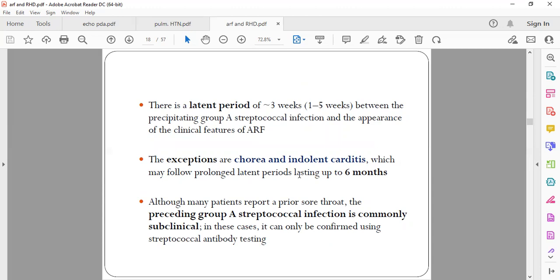So it is a late manifestation, seen up to 6 months. As we already said, the basic manifestations appear normally in 3 weeks, but carditis and chorea are delayed manifestations seen after 6 months of acute group A streptococcal infection.